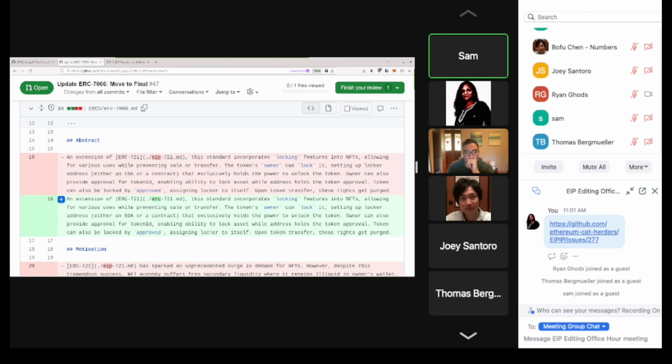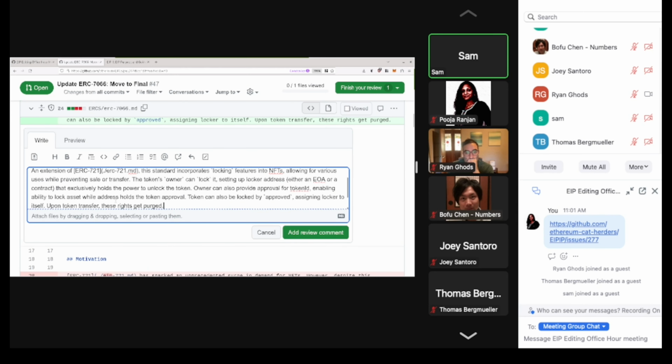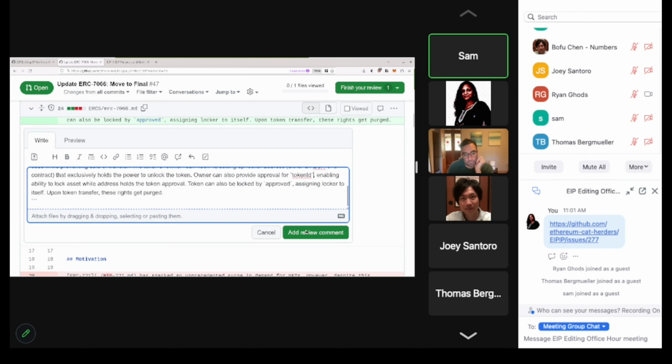The owner can also provide approval for a token ID, enabling the ability to lock the asset while the address holds the token approval. Tokens can also be locked by an approved address, assigning a locker to itself. Upon token transfer, these rights get purged. All right.